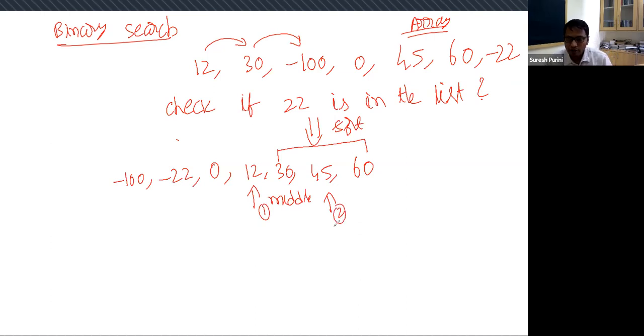You compare it with 45, the middle element. So 22 is not equal to 45. Will 22 be in the left half or the right half? It will be in the left. So you check the left. Now there is only one element. You compare it again with 30, and 22 is not equal to 30. The search is over. You come out of the search space.